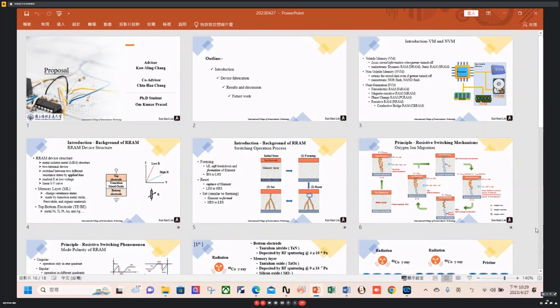Actually, I can say the title, but I didn't put it. Okay, what's the title? The title will be the reliability of the metal oxide based neuromorphic device. Wait, say that again. Reliability, metal oxide based neuromorphic.